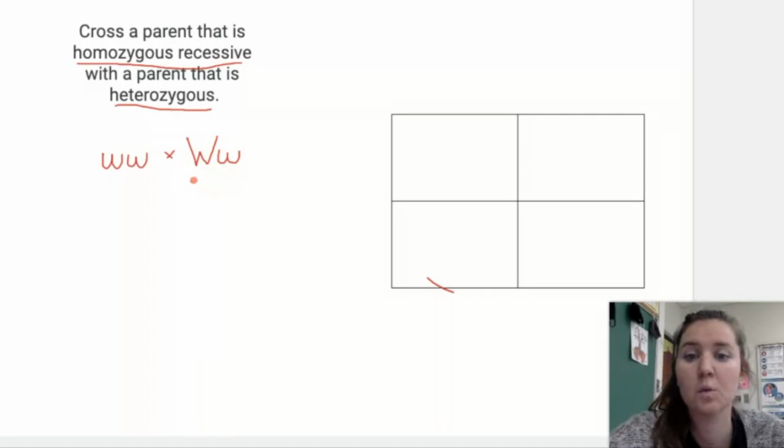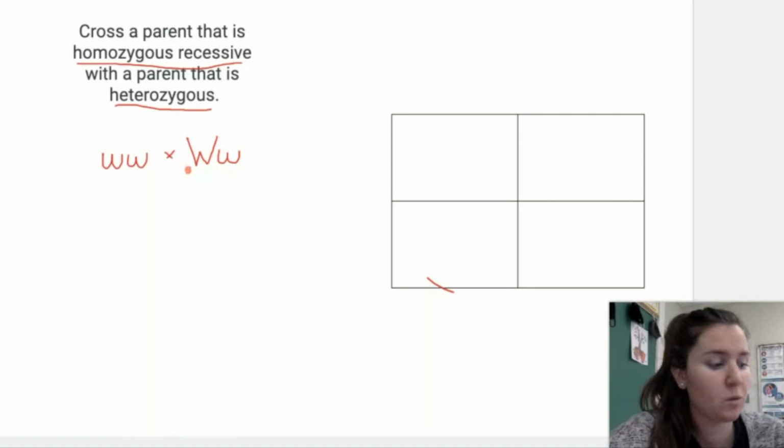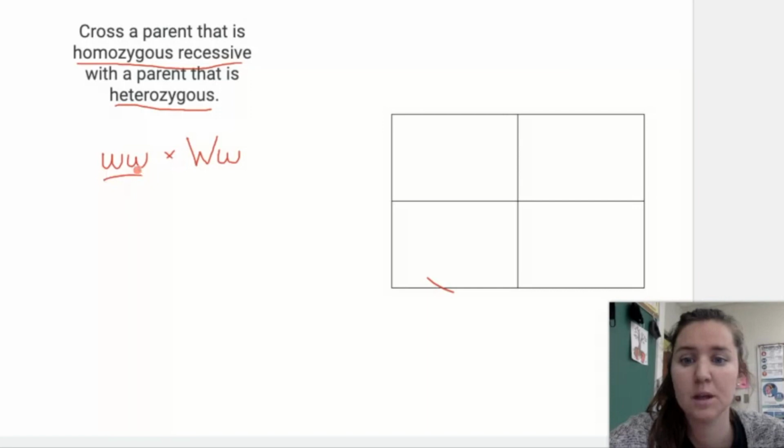So then, when we're doing the Punnett square, we put each parent's alleles on one side. So, say this is the mom. She could give the kid a recessive allele, or she could give them a recessive allele. That's all she can give them is just recessive alleles. So you can think about that these are in the eggs, okay?